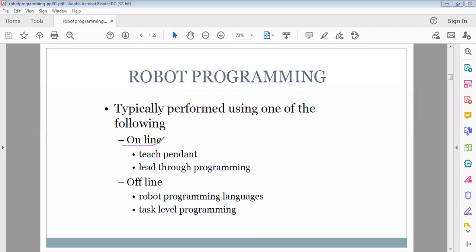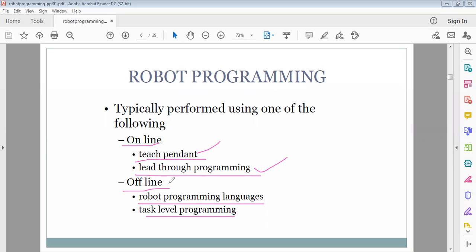Online programming is done by teach pendant or lead through programming. What is this teach pendant? I will discuss it in the next slide, and also what lead through is. Offline is offline robot programming languages or task level programming.